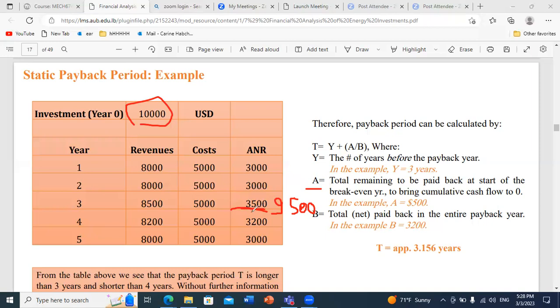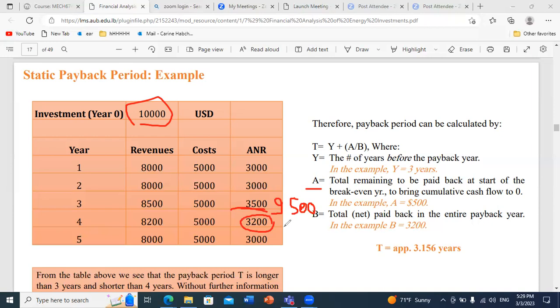Now, during year 4, the total net benefit is $3,200. So we can consider that just at the beginning of this year, we'll have the payback period. It's not 4 years, it's 3 point something, and it's much closer to 3 than 4.